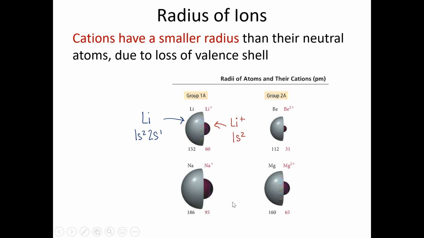Since they're both lithium, they both have 3 protons in their nucleus. But the lithium ion has those 3 protons only having to attract in these 1s electrons, whereas over here in the lithium, it's got the 1s and the 2s. So we're losing a whole shell of electrons typically. So it's going to give us a smaller radius for our cations.